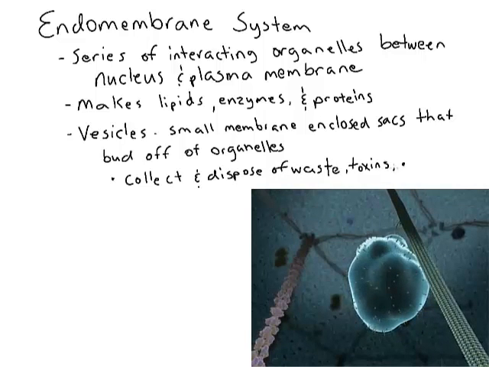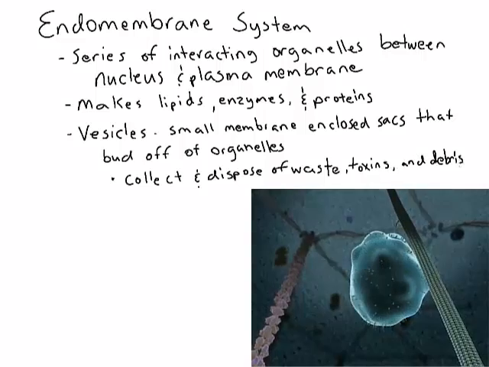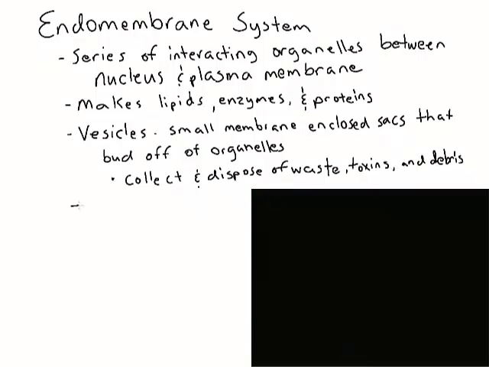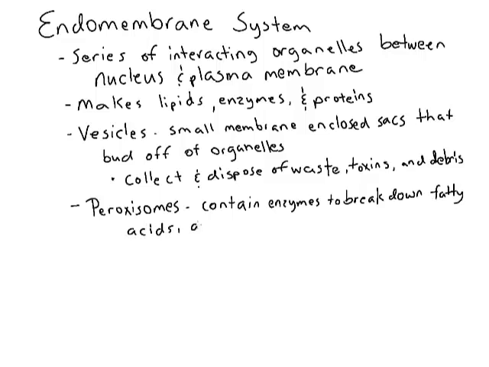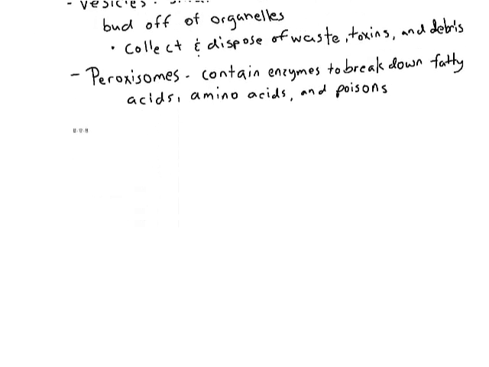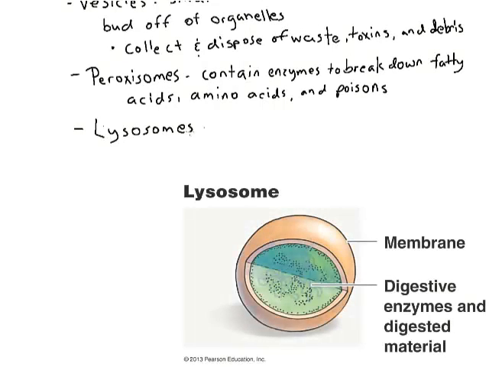Another part of this system are peroxisomes, which contain enzymes that break down fatty acids, amino acids, and poisons. Lysosomes have a function in intracellular digestion by using enzymes to break down cellular debris, carbohydrates, proteins, nucleic acids, and lipids.